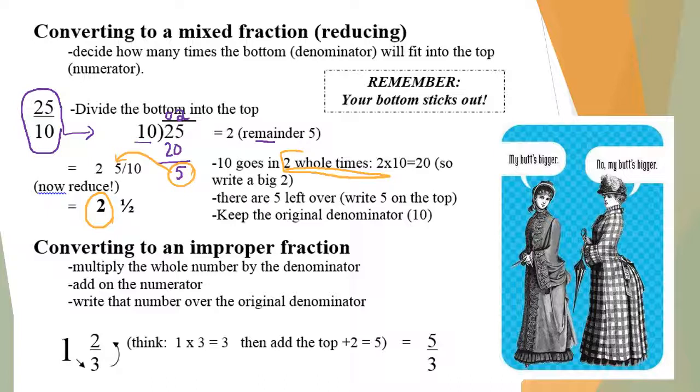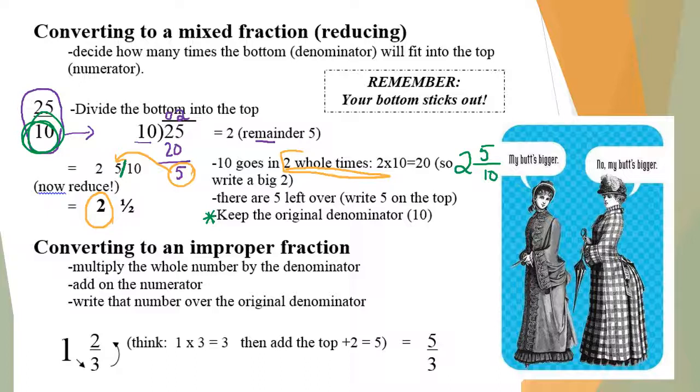And it didn't show very well because I did it on the computer. When you type fractions into a computer, it likes to write the fraction bar on a slant like that. I don't like that. I would prefer that people write it straight up and down, or straight horizontal. What we had there was 2 whole times, 5 left over, and this is a good rule to remember. Keep the original denominator, which was 10 from the original guy over there.